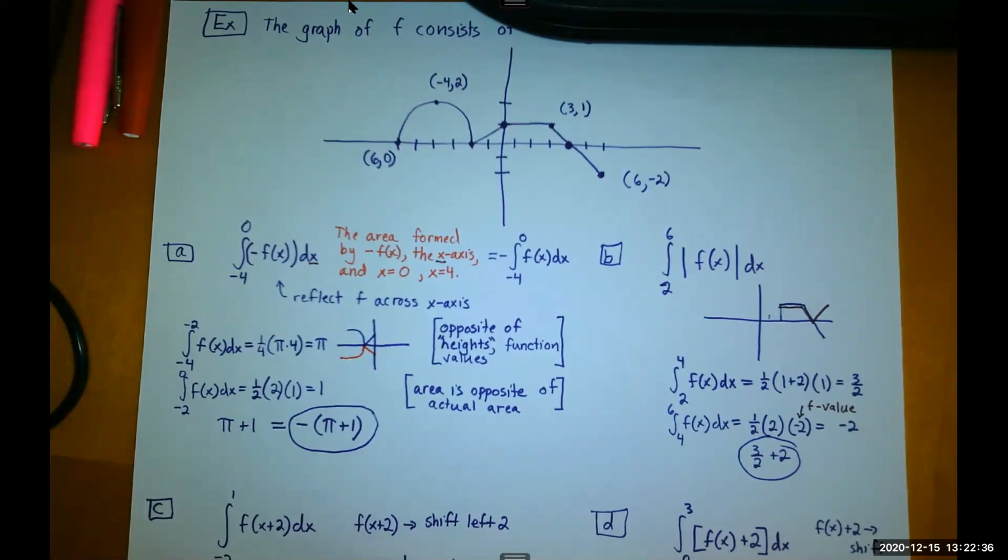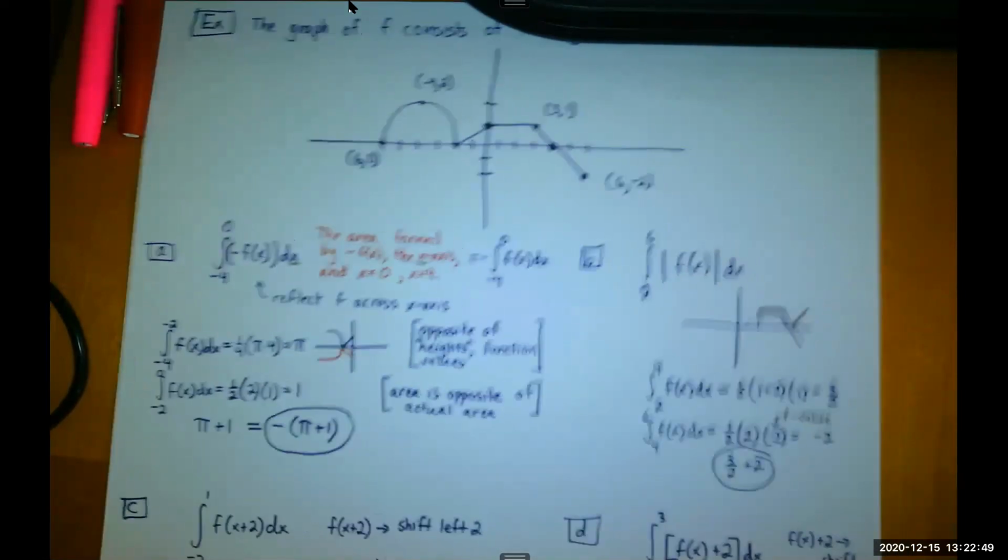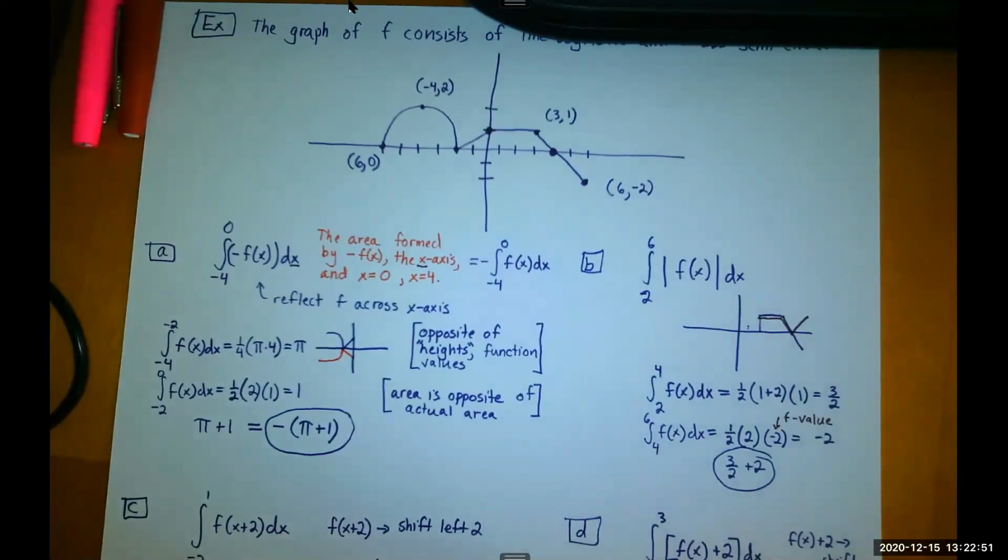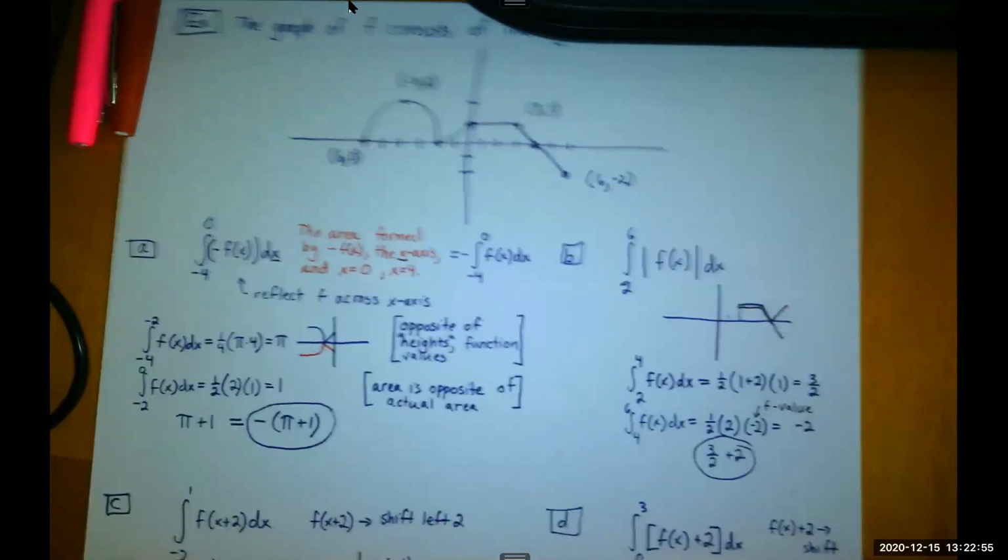So we have a triangle. No, we do not have a triangle. I apologize. From -2 to 1, the function f of x plus 2 is all rectangle. It's a base of 3 times a height of 1, or 3 units.